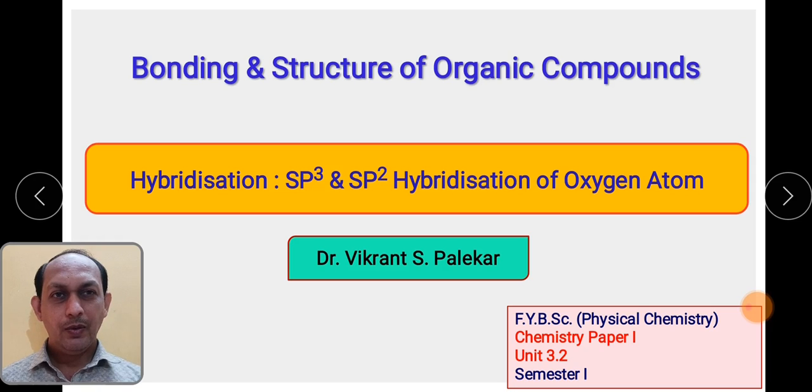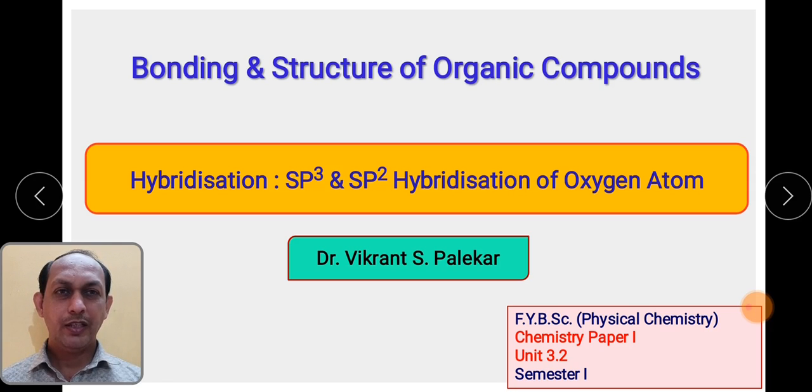So till now we have covered the sp3 and sp2 hybridization of carbon. sp3 hybridization is the mixing of one s and three p orbitals to form new orbitals. These equivalent orbitals are oriented at the corners of a regular tetrahedron, with a bond angle of 109 degrees.